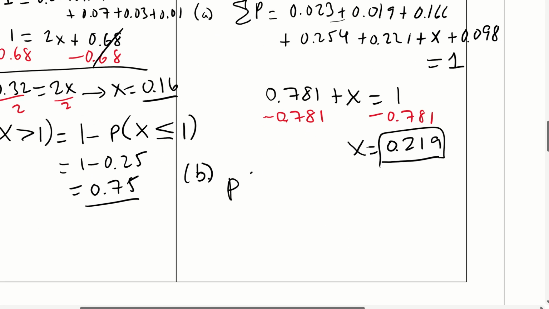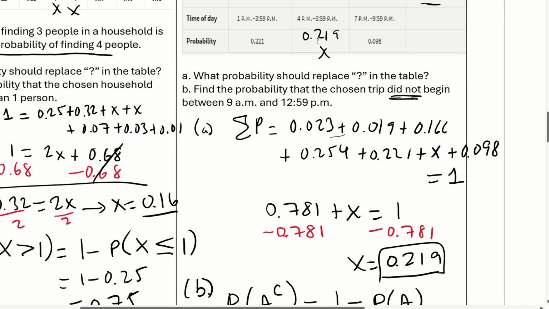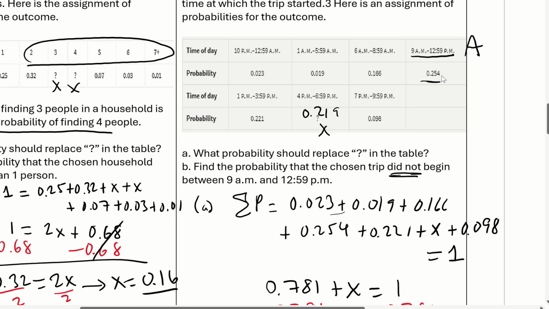So the probability of not A is equal to 1 minus the probability of A. So if it's a 0.254 chance that it's between 9 a.m. and 12:59 p.m., then you just have to subtract that from 1, right? It's about a 75% chance that it does not occur, right?